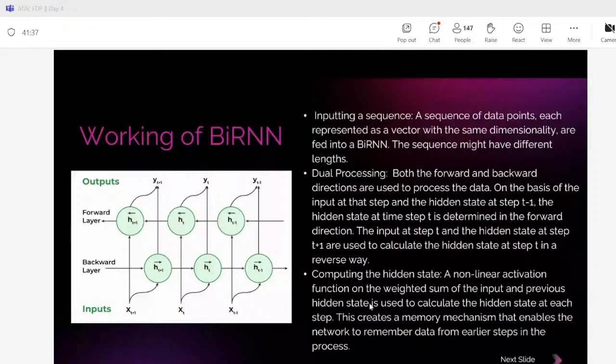And then computing the hidden state: a nonlinear activation function on the weighted sum of the input and the previous hidden state is used to calculate the hidden state at each step. So this will create a memory mechanism that enables the network to remember data from earlier steps in the process.